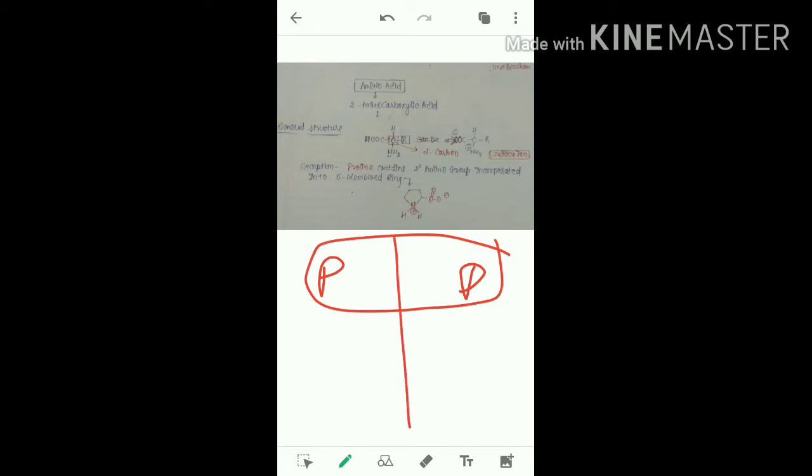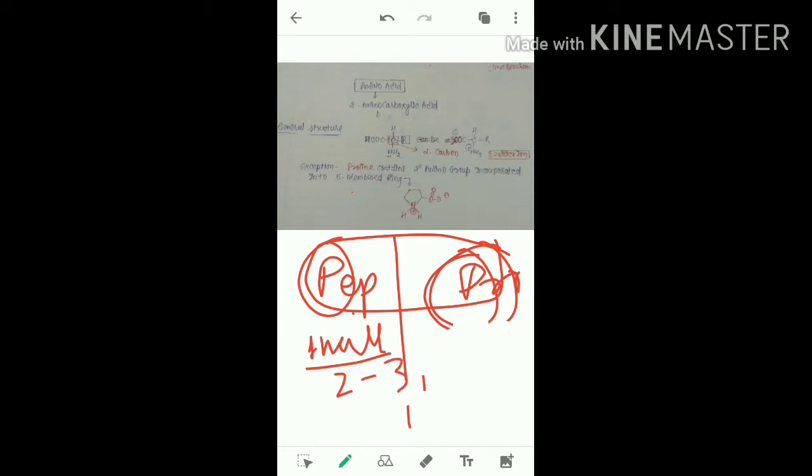component of peptides and proteins. There is a minute difference between a peptide and a protein. Polypeptides contain more than 50 amino acid residues, and peptides consist of 2, 3, or up to 10 of these amino acid residues.